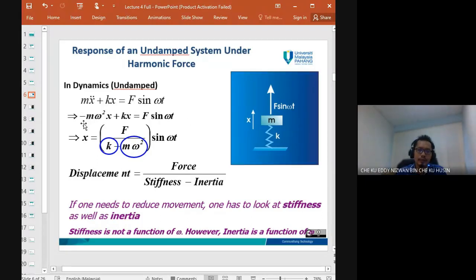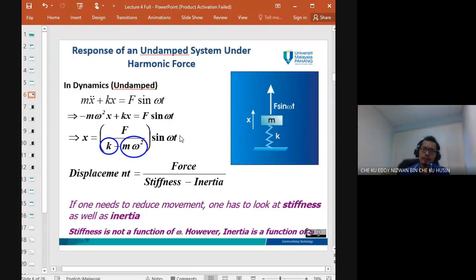And then x, which is what we are solving for, the response, is equivalent to F over K minus M omega squared, times sine omega t.